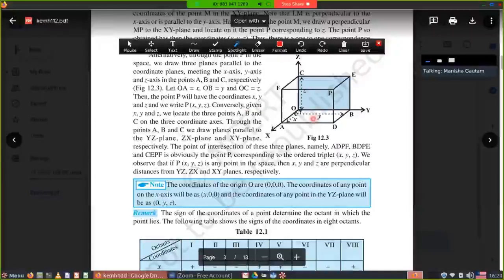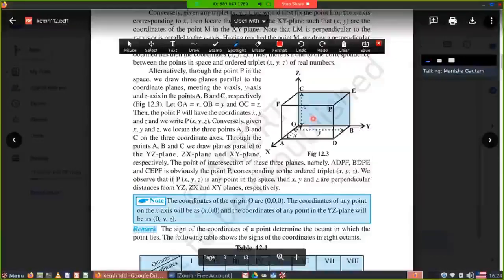F is a point lying in the XOZ plane. X and Z will be there, but in this plane Y will not be there. It means Y will be equal to 0. F is lying in the XOZ plane, so Y will be equal to 0.